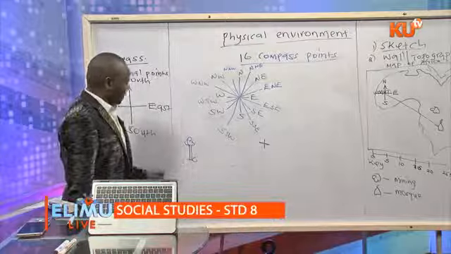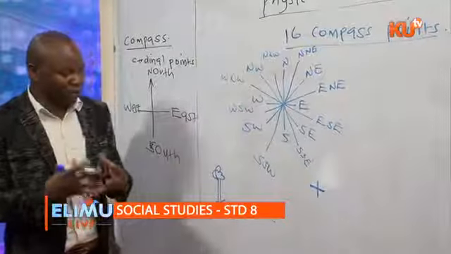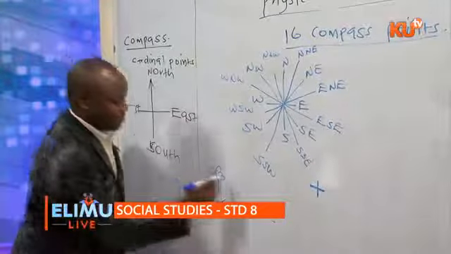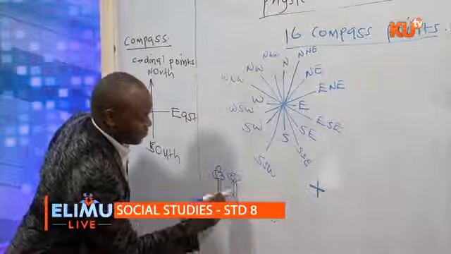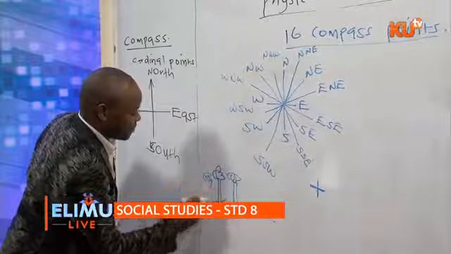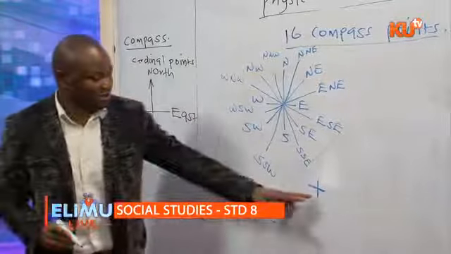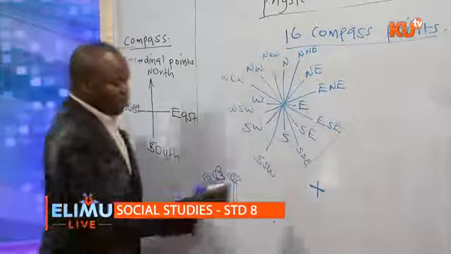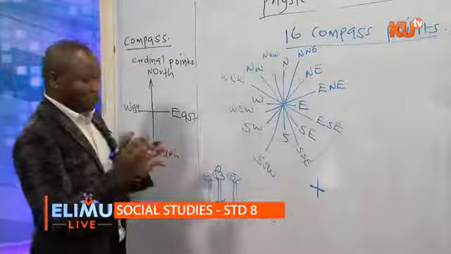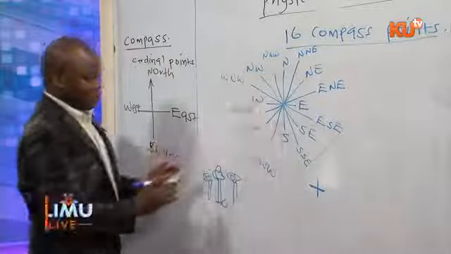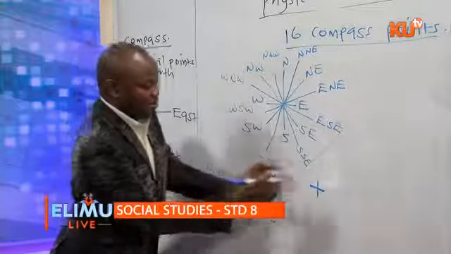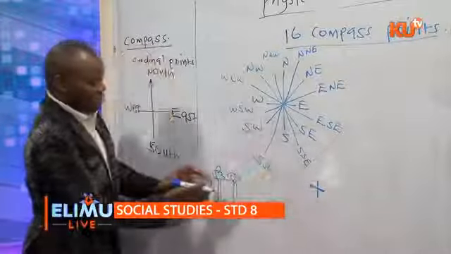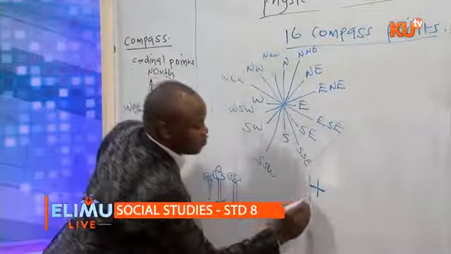That is the cross. So how will you be able to locate the forest when somebody is at the church? You are going now to use this compass. You say that maybe somebody is at the church and wants to locate this place. You are going to use your compass.